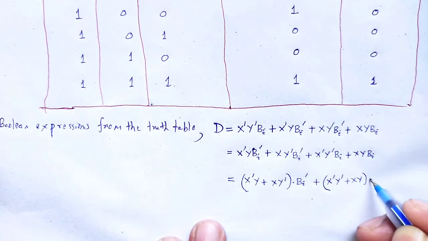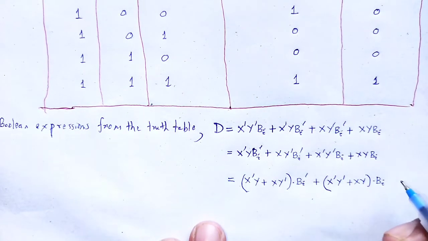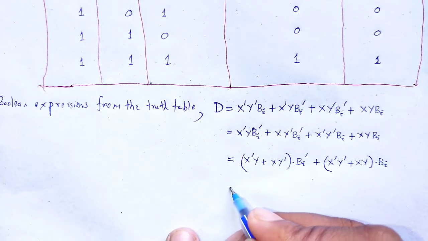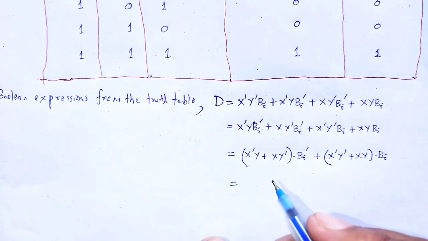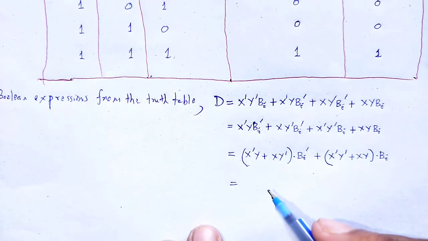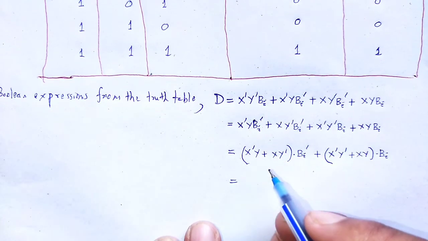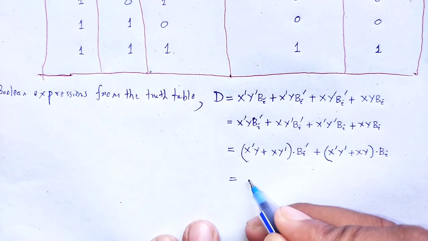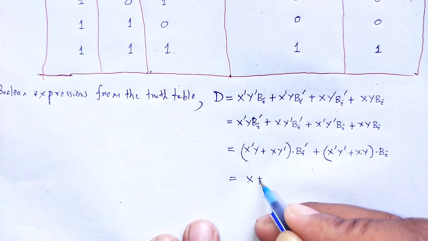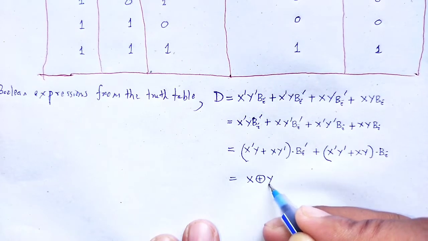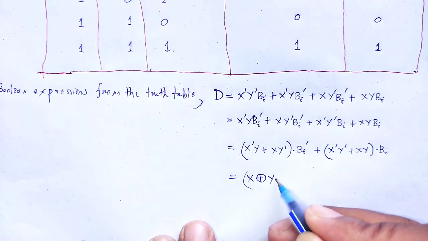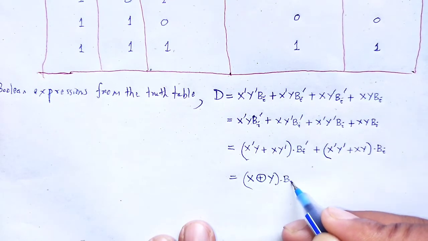Here we take common as bi. From the definition of XOR gate, x prime y plus x y prime is x XOR y, bi prime.